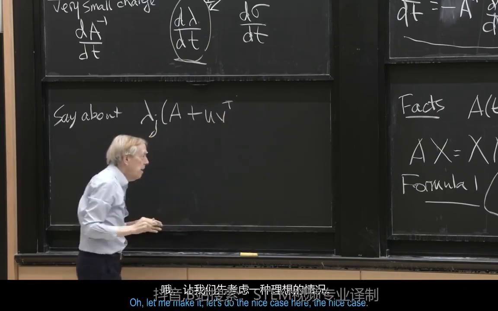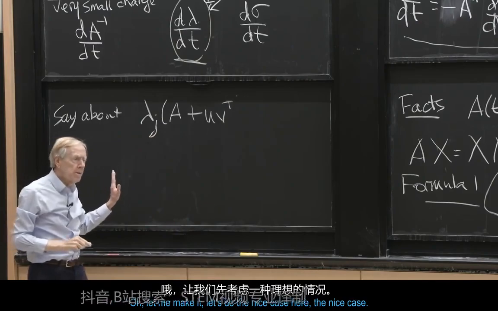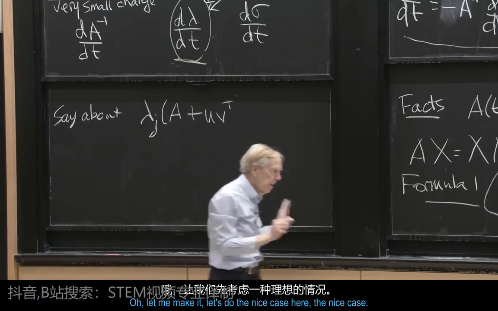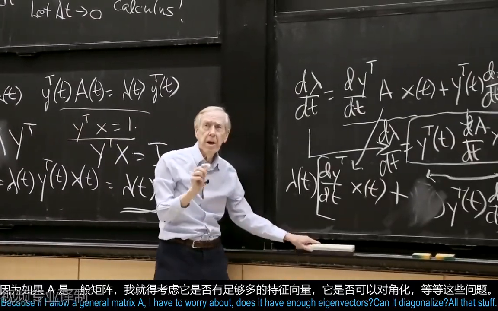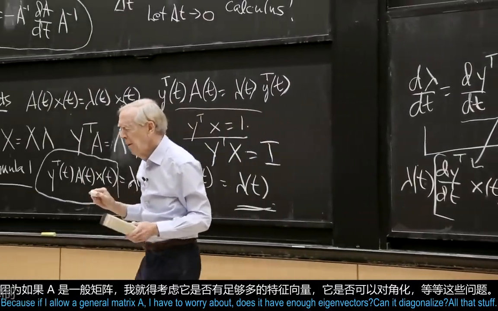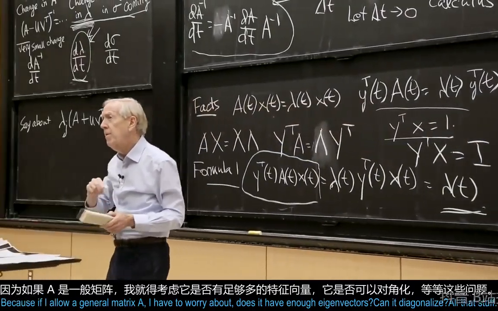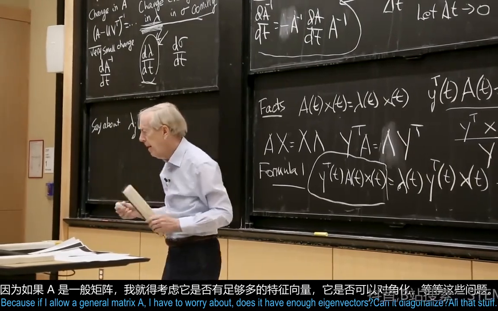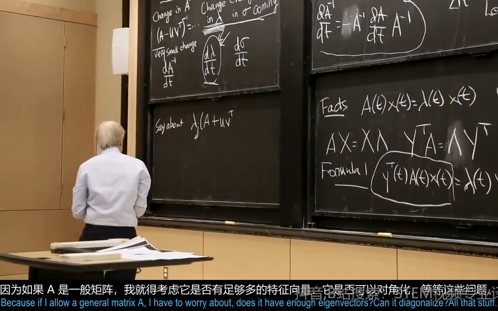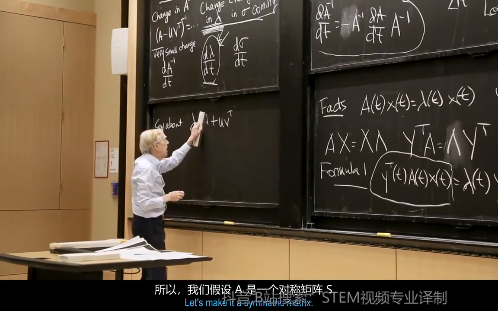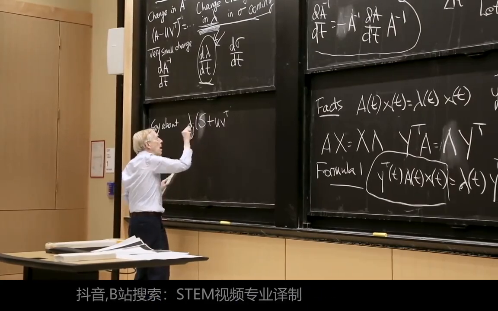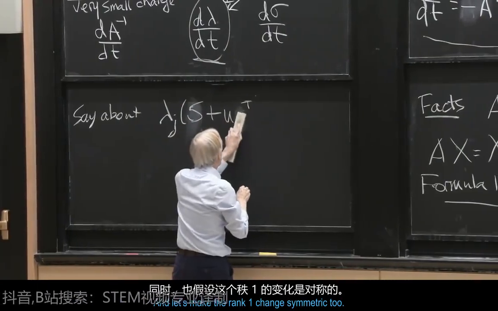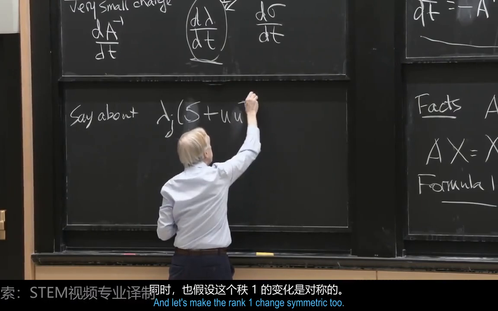Oh, let me make it, let's do the nice case here. Because if I allow a general matrix A, I have to worry about, does it have enough eigenvectors, can it diagonalize, all that stuff. Let's make it a symmetric matrix. And let's make the rank 1 change symmetric too.